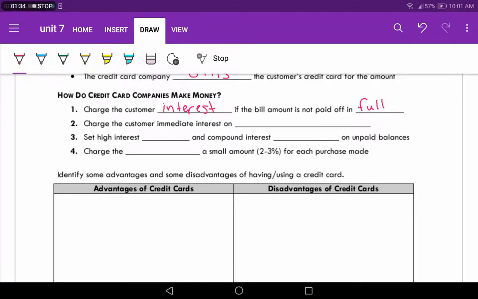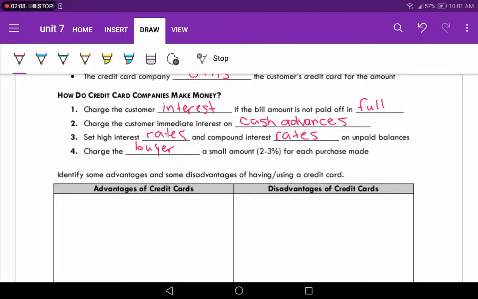They charge the customer immediate interest on cash advances and they set high interest rates and compound interest rates on unpaid balances. Lastly, credit card companies charge the buyer a small amount, 2 to 3%, for each purchase made.